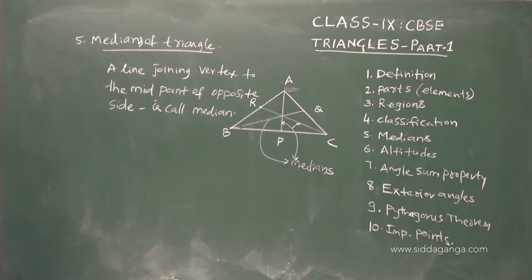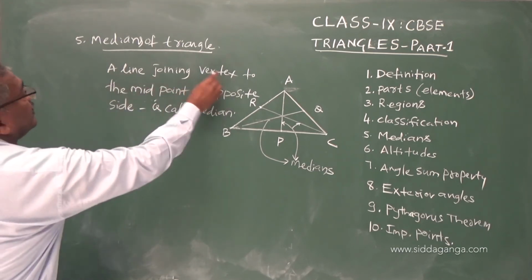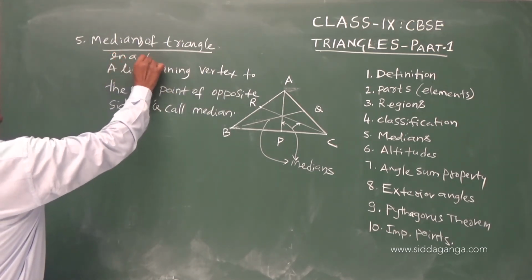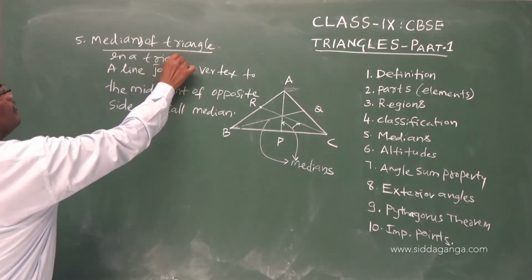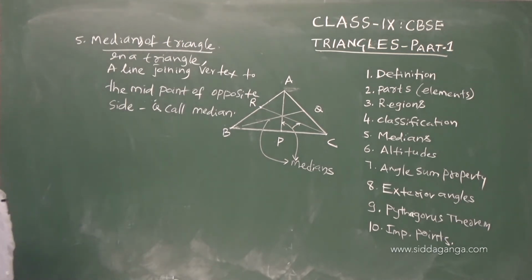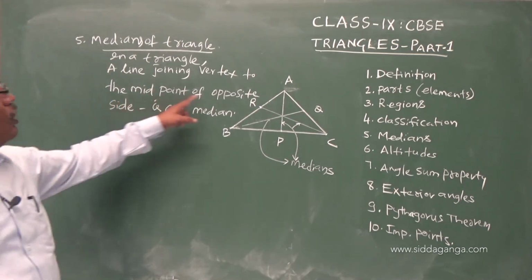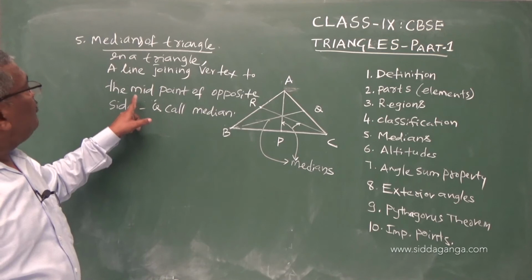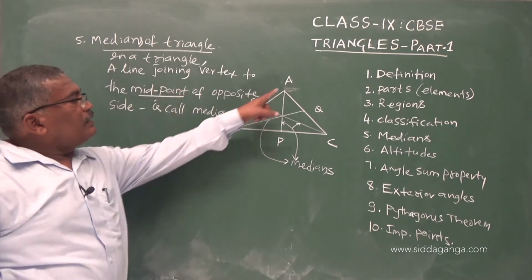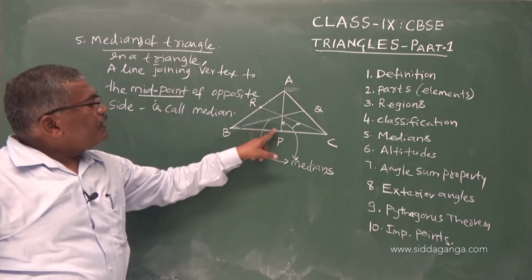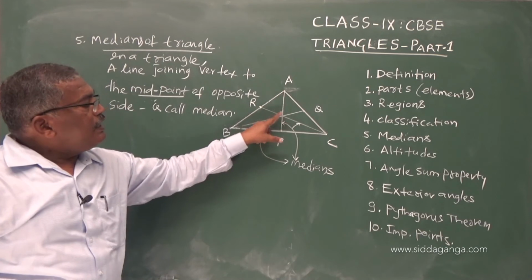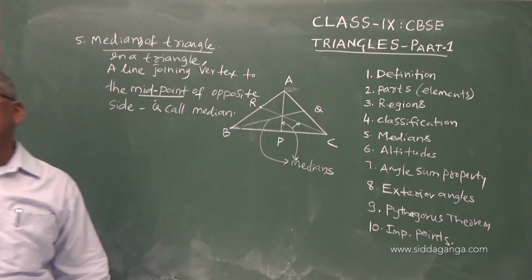So, a line in a triangle joining a vertex to the midpoint of the opposite side. So, vertex and midpoint. These three lines are called medians.